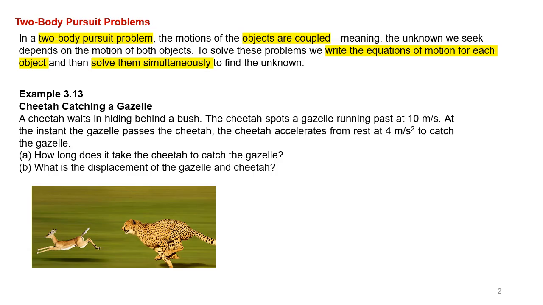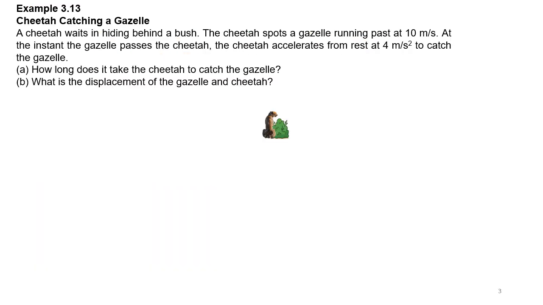The cheetah spots a gazelle running past at 10 meters per second. At the instant the gazelle passes, the cheetah accelerates from rest at 4 meters per second squared to catch the gazelle. How long does it take the cheetah to catch the gazelle? What is the displacement of the gazelle and cheetah?